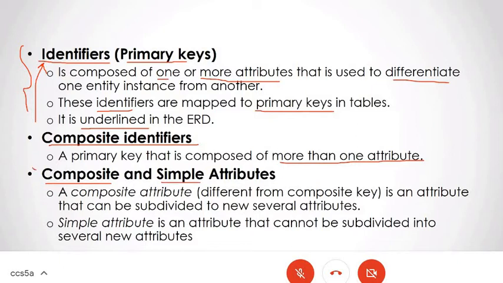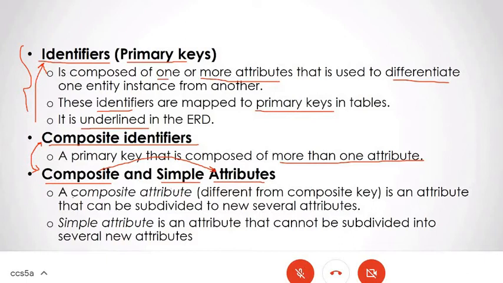Now, do not be confused between composite identifier and composite attribute. Okay, so they're not the same. Because what we mean by attribute is it could be any. Not necessarily it will differ one record from the other. Okay, so what's the difference between a composite and simple attribute?